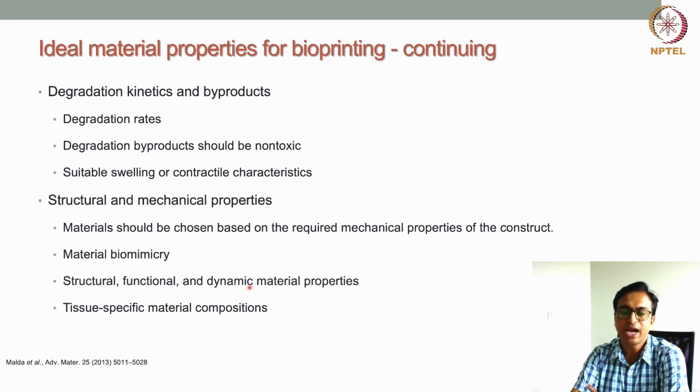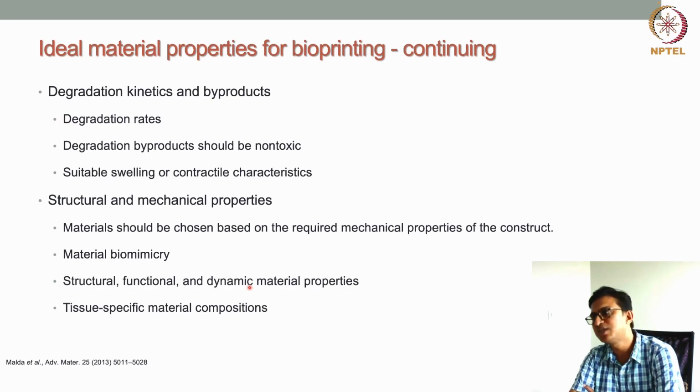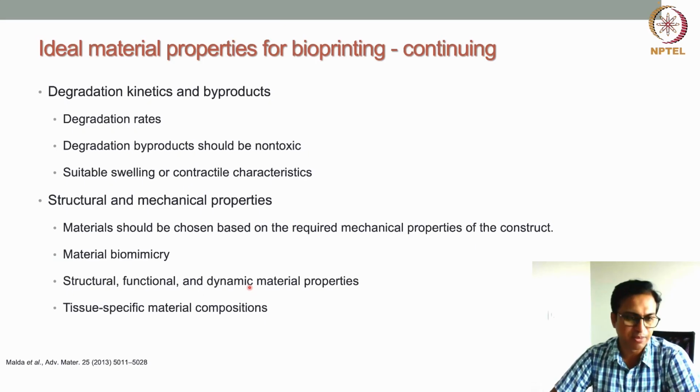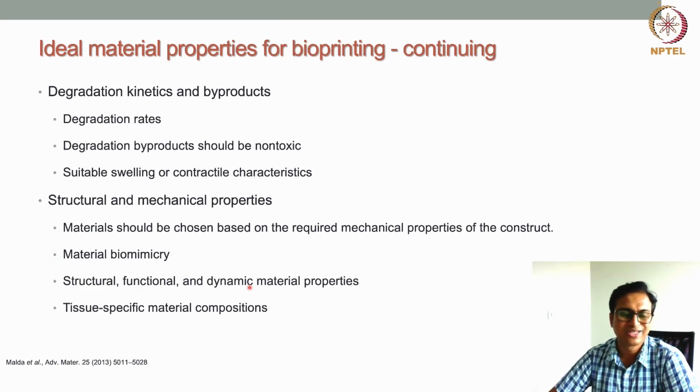That is very important. Other than this, in terms of chemical material biomimicry, the material should be able to chemically match the properties or composition of the tissue. Material-wise, chemistry-wise, the material should match the tissue ECM, because the materials are mostly used as a provisional extracellular matrix.